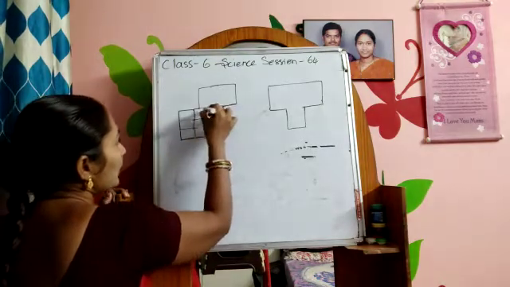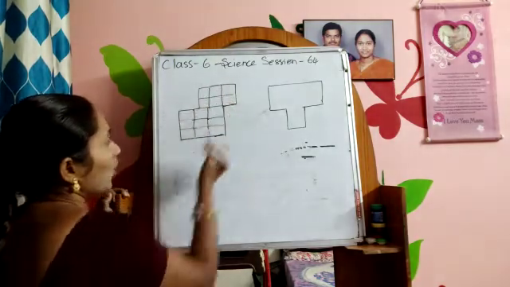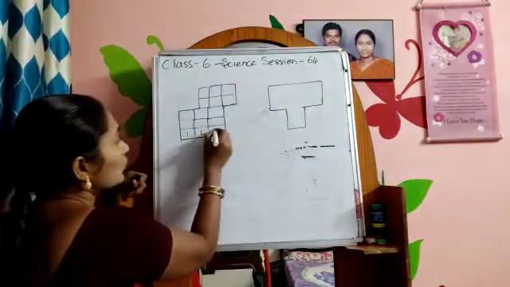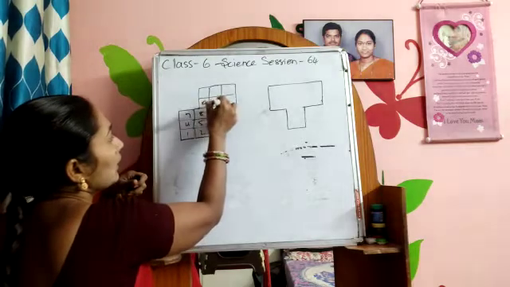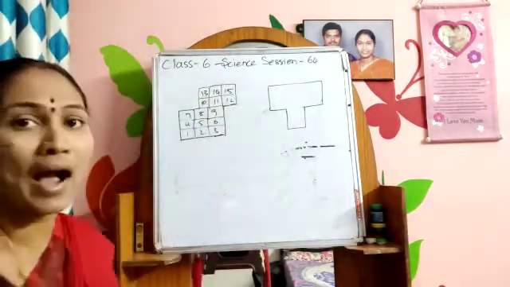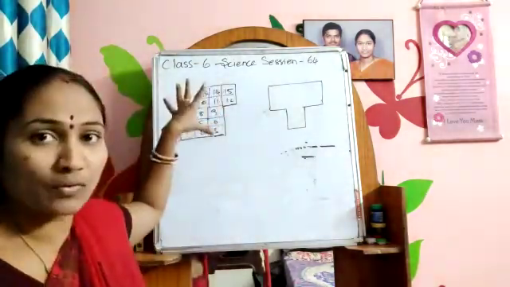Think that I am filling the matchboxes like this. How many matchboxes have I kept on an A4 size sheet of paper? 1, 2, 3, 4, 5, 6, 7, 8, 9, 10, 11, 12, 13, 14, 15. I have kept 15 matchboxes on this A4 size sheet of paper.